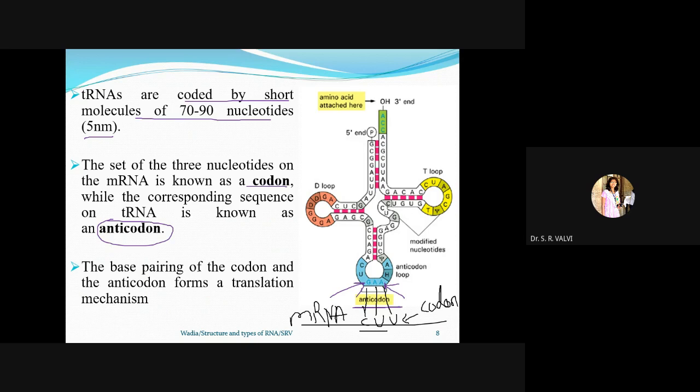Base pairing of codon and anticodon forms the translation mechanism. Translation is the conversion of mRNA into protein. When codon and anticodon base pairing occurs, it is the beginning of the translation mechanism.